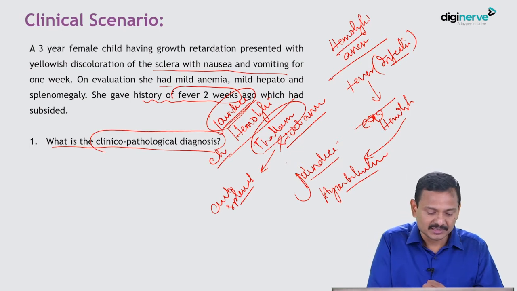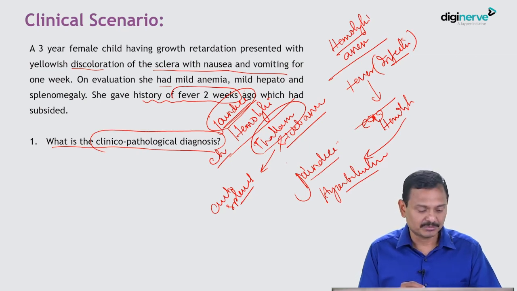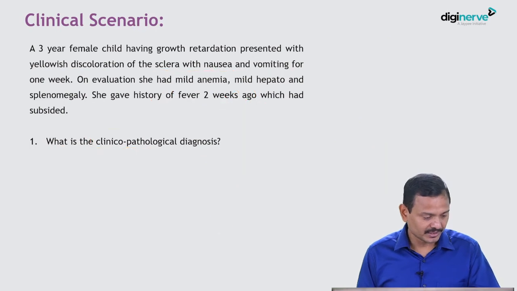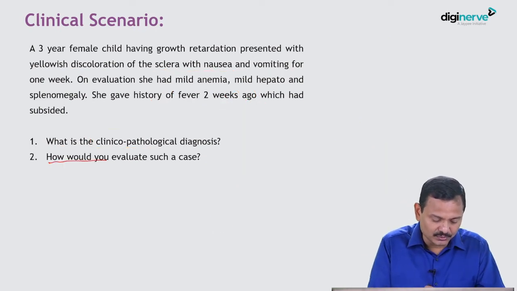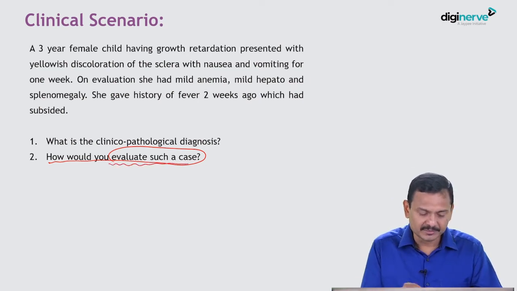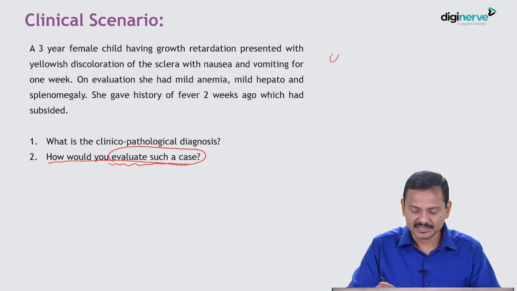Okay, so you see the patient has jaundice because of hemolytic anemia, and the liver is overloaded with bilirubin which the liver cannot metabolize. Coming to the second question, how would you evaluate such a case? Now we will be discussing that throughout this session, how to evaluate people with cholestatic disorders, because cholestatic disorders can range from child to adult to elderly.